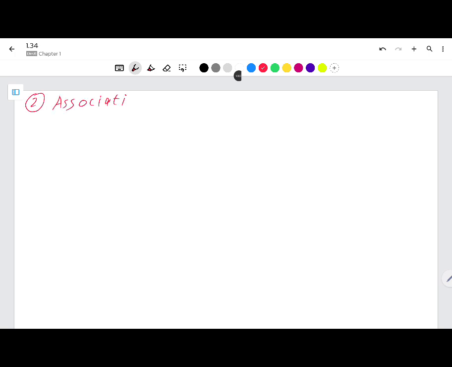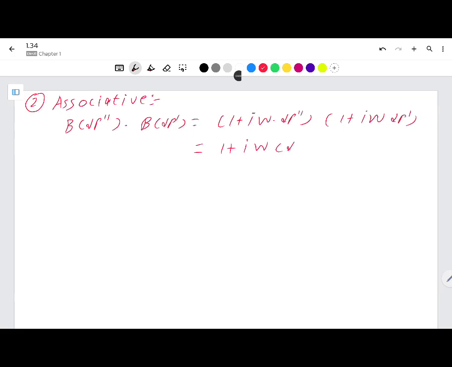Next, okay, we have associative. So again we can say this is something like this, plus the term in dp prime squared, it's almost 0.